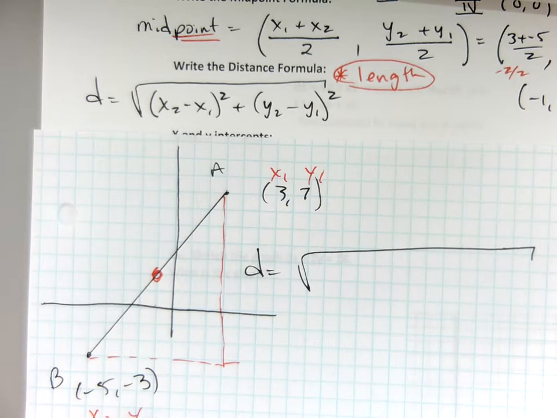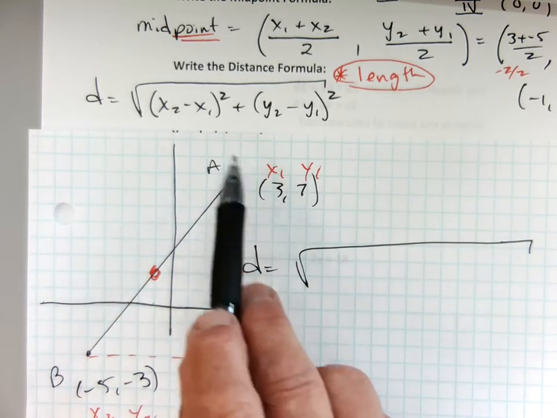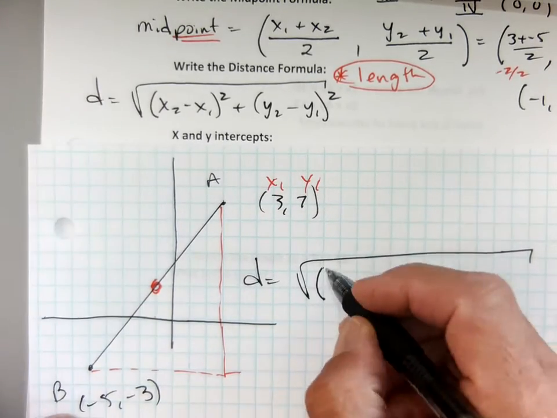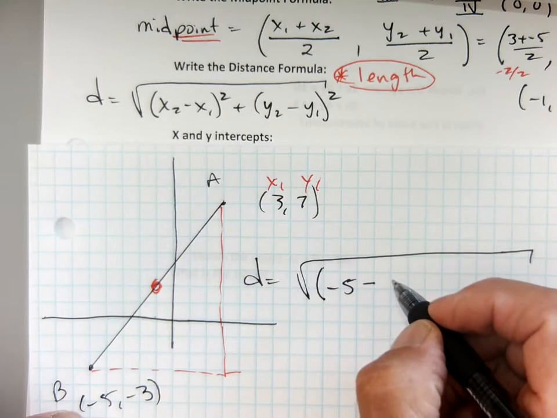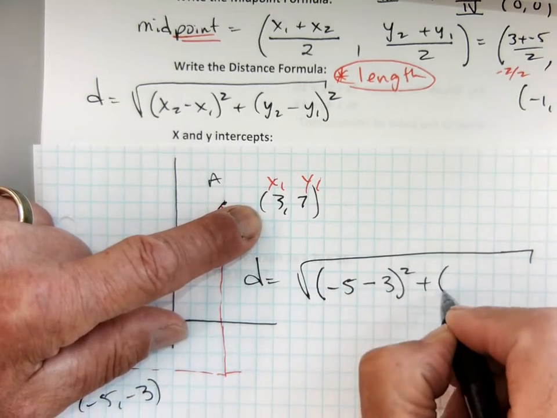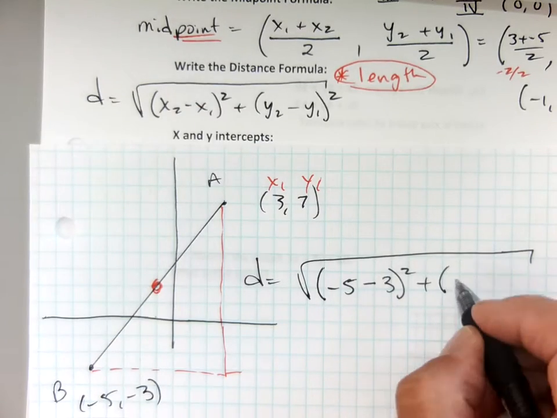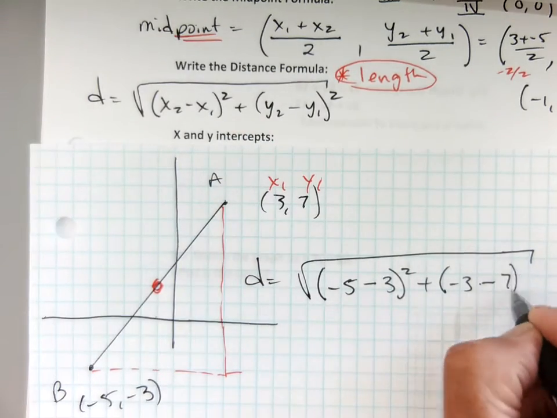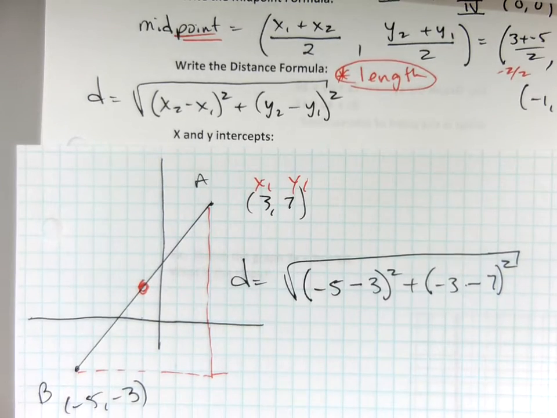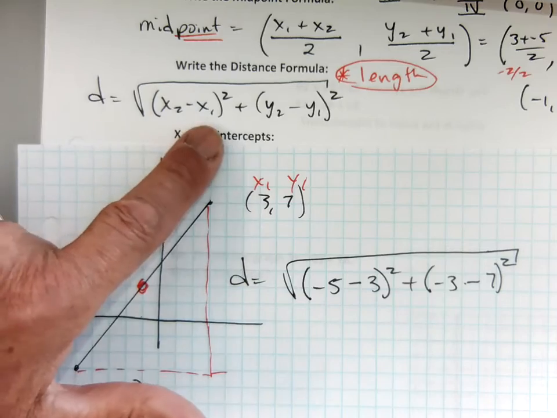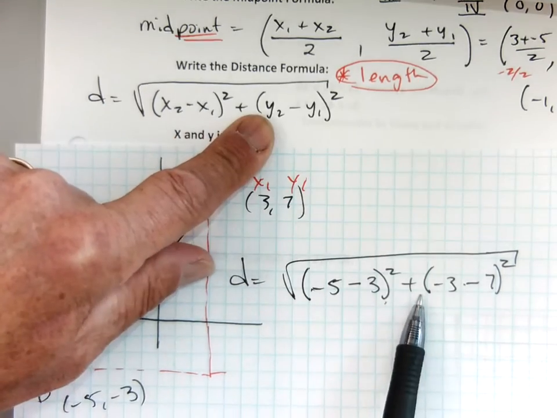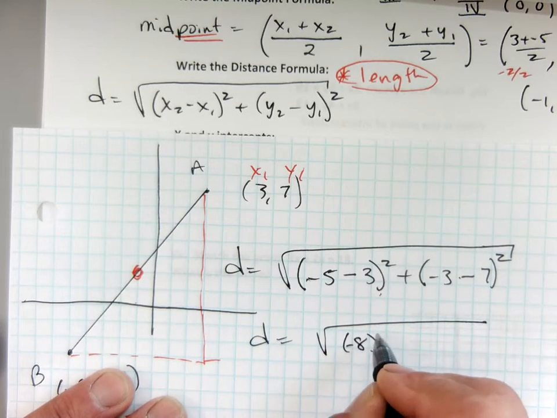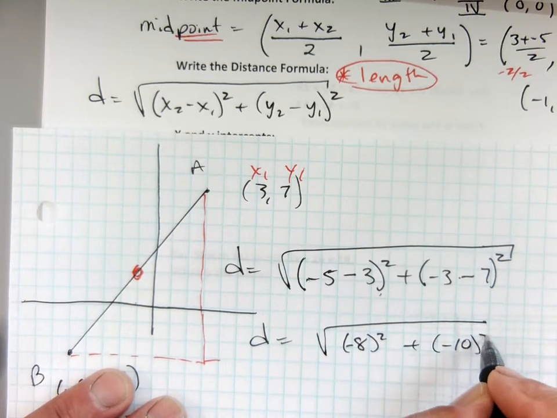So I'm just going to put the numbers into the formula. x2, so I'll go negative 5, subtract x1, which is 3, squared, plus y2, which is negative 3, minus y1, which is 7, quantity squared, okay? So I'm just plugging them into my formula, x2, x1, y2, y1. Then, if I simplify this, I'd get negative 8 squared plus negative 10 squared.